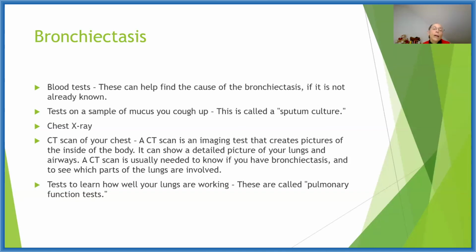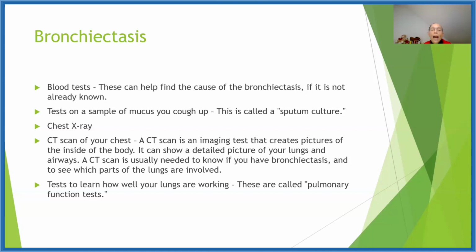How do we go about investigating a patient that has bronchiectasis? In order to really establish the diagnosis, you need a special kind of scan, a CT of your chest, that will allow us to see the structural abnormalities, the airways that are distorted and dilated.